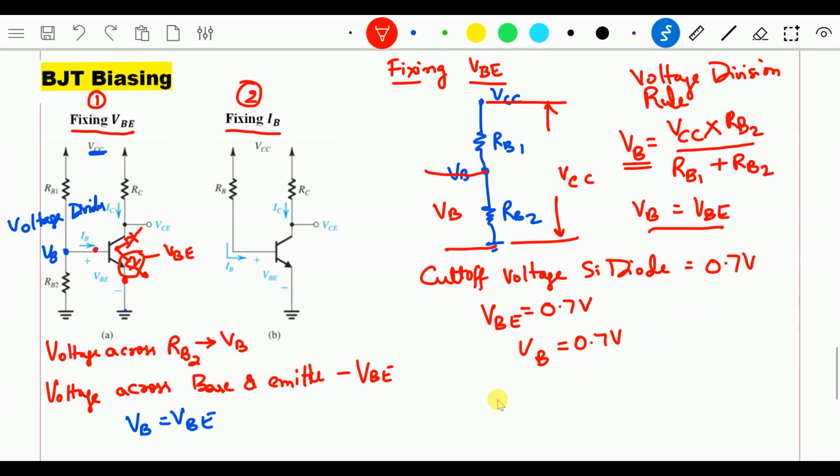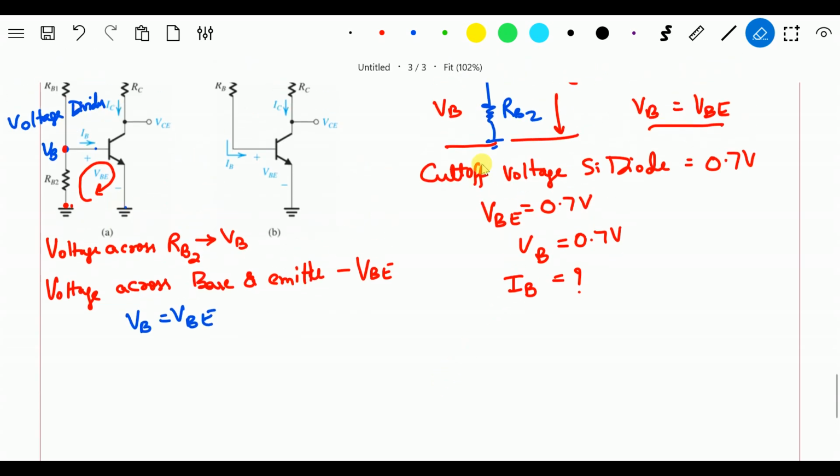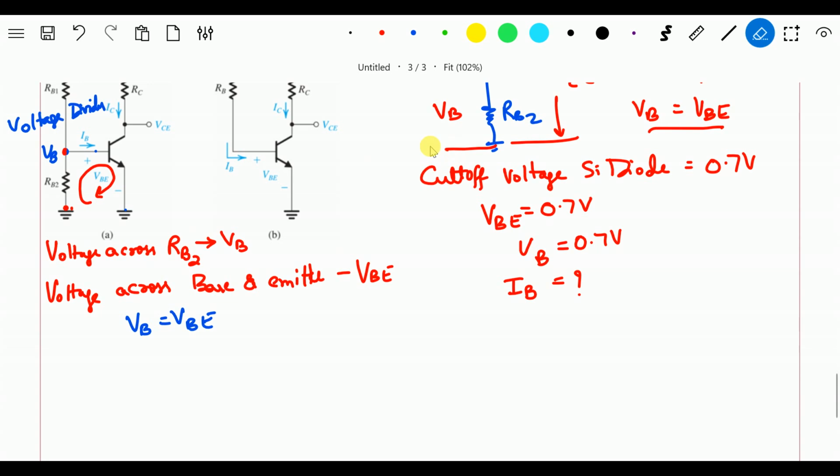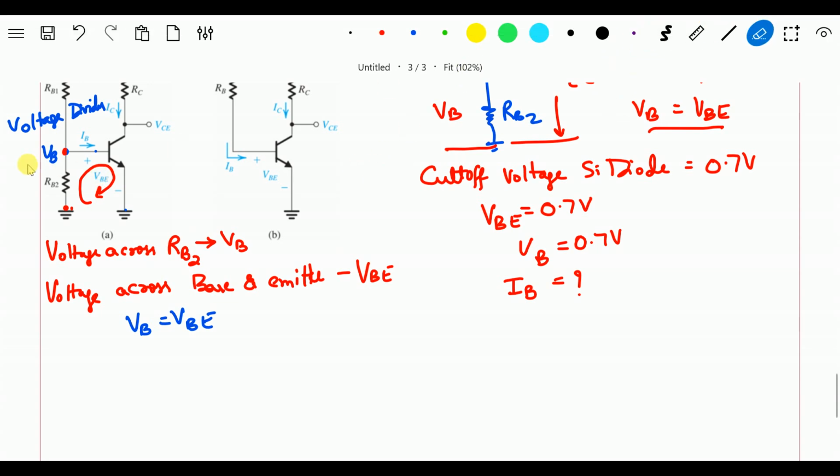Now let us look into the equation of IB. IB equals what? To find out IB, we need to go with this law. This loop we need to consider. Now we know this is VB.